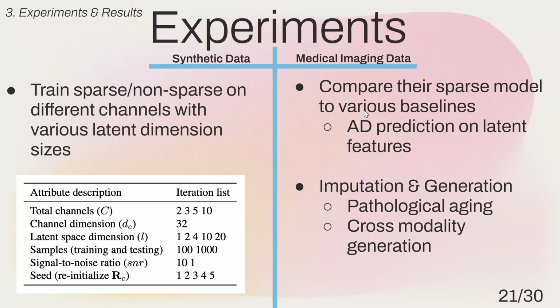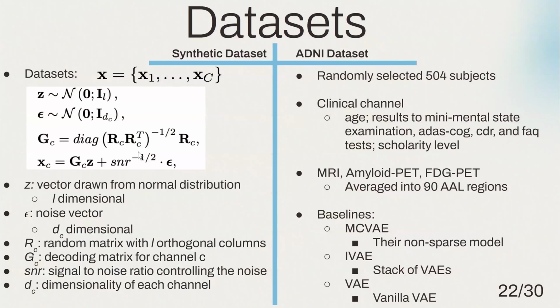They look at their model's reconstruction and prediction ability compared to some other baseline models. And then another cool step is they do some generation, looking at pathological aging and cross modality generation. So that's pretty cool. We'll get into that.